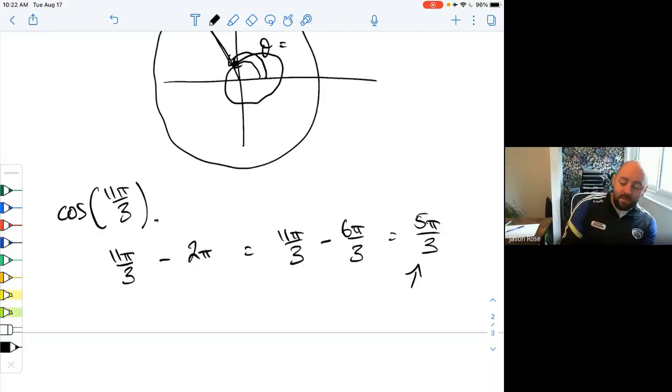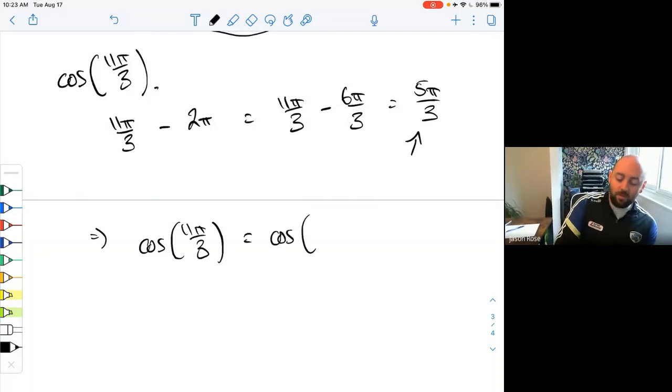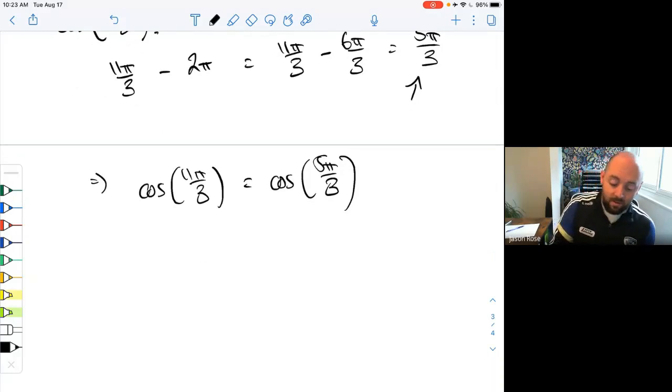Now, this is something that I recognize. We've dealt with these kind of angles before because they're angles that are inside that unit circle of 0 to 2 pi. So when I see something that I recognize from that unit circle, I stop worrying about taking away 2 pi. So what I can say then is that cosine of 11 pi over 3 is going to be the same as cosine of 5 pi over 3. And I want to evaluate cosine of 5 pi over 3. We've done this a few times already.